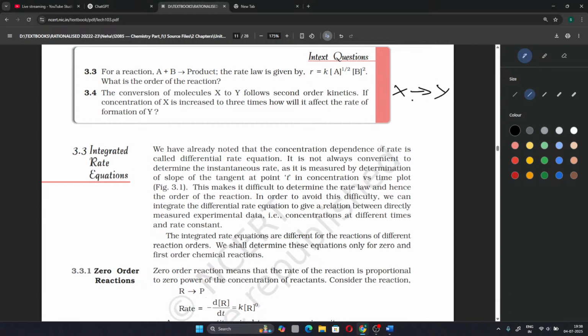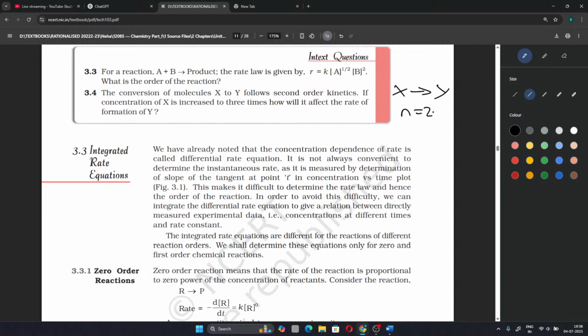And this is a second order reaction, N equals 2. And if the concentration of X is increased to 3 times, how will it affect the rate of formation of Y? 2 power 3, it is 8 times.